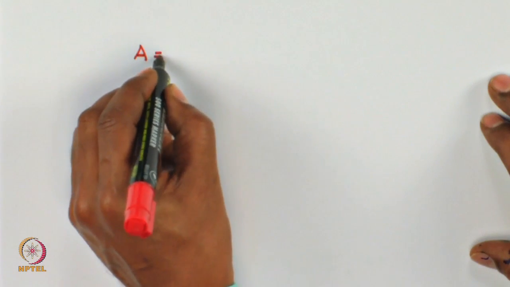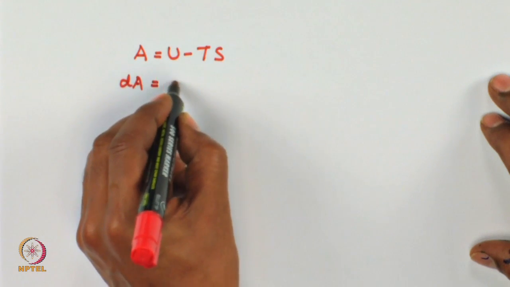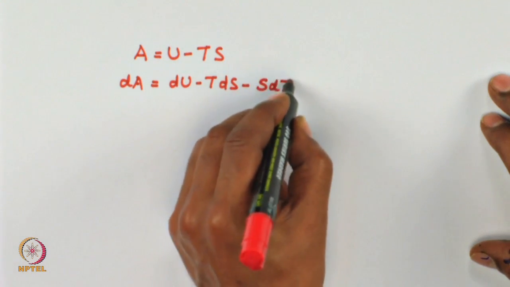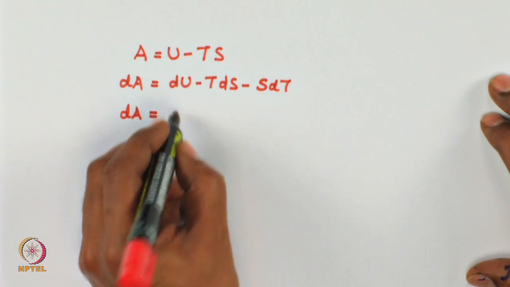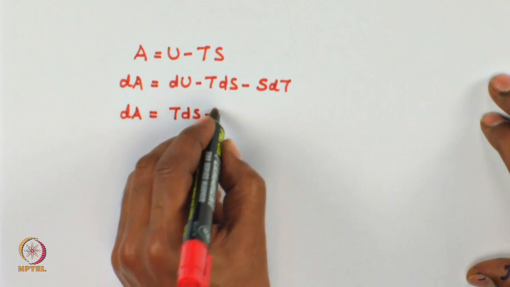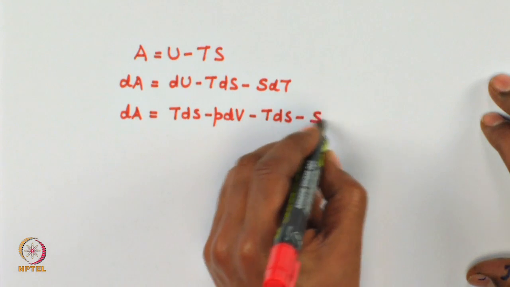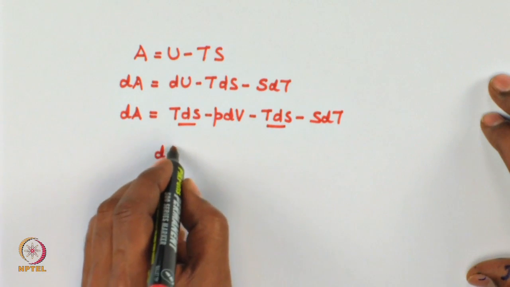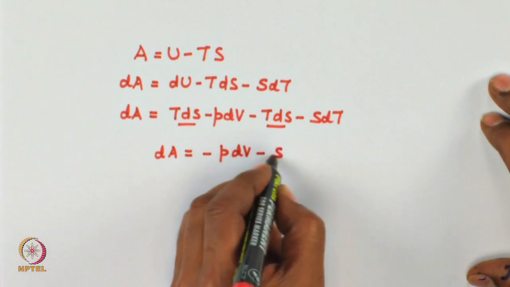You remember that if you start with A equal to U minus TS, and dA is equal to dU minus TdS minus SdT, and if I write dU equal to TdS minus PdV, then this and this get cancelled. So, what I have is dA equal to minus PdV minus SdT.